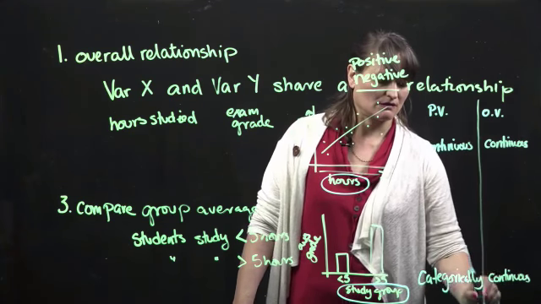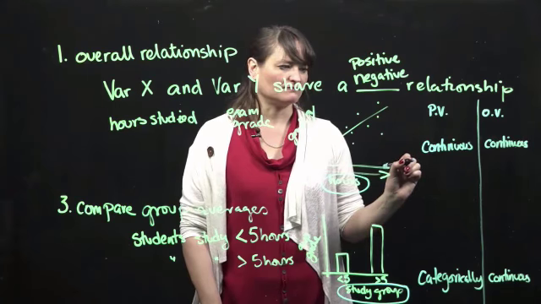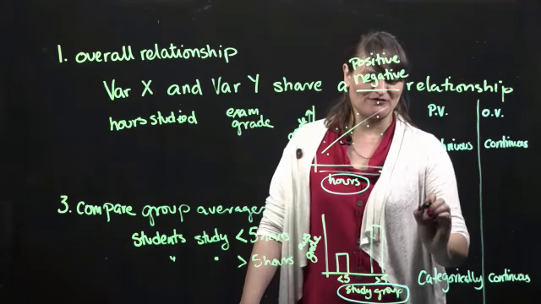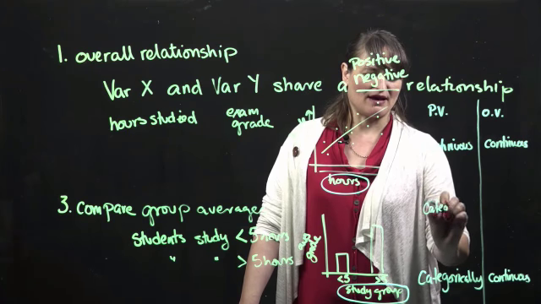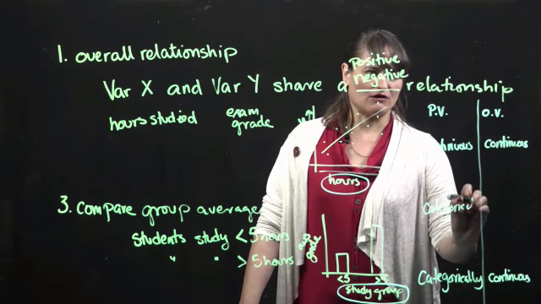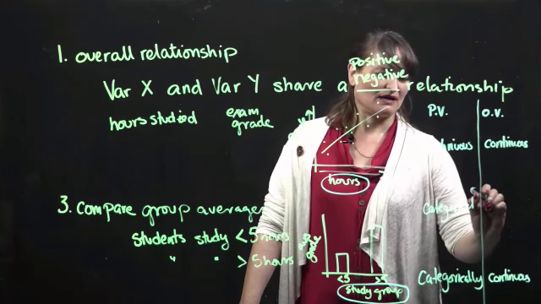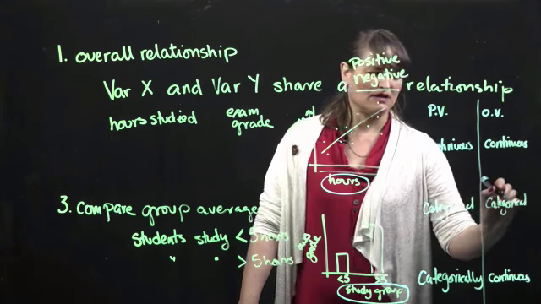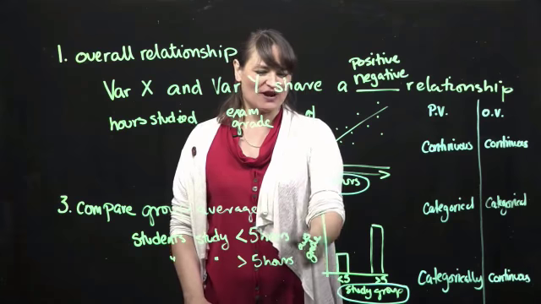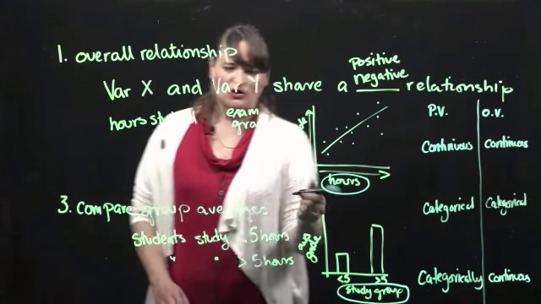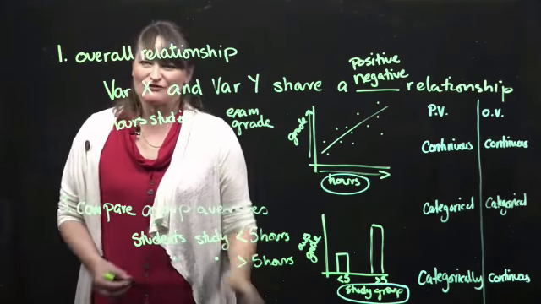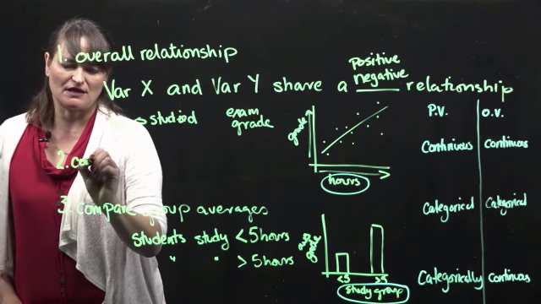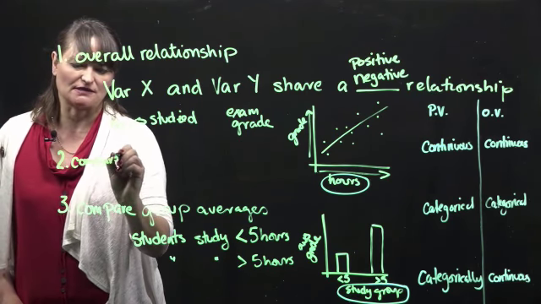The third option is going to fit between these, where we've got, what if we have a categorical predictor variable and a categorical outcome variable? In that case, we don't have this average grade. We've just got group frequencies. So let's put that here, where we could say we compared group frequencies.